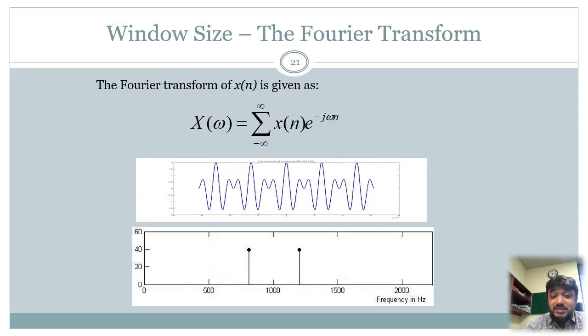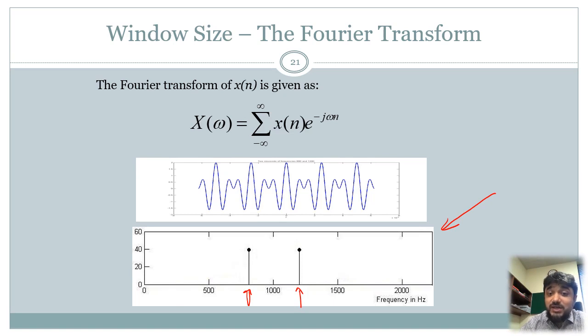So if we take just the Fourier transform of this signal, the whole signal from minus infinity to positive infinity, it comes out like this. You just have two sharp peaks, one at 800 Hz and the other at 1200 Hz, for an infinite time, obviously a periodic signal.